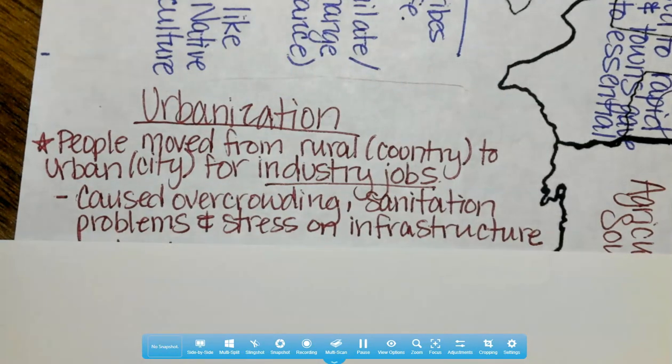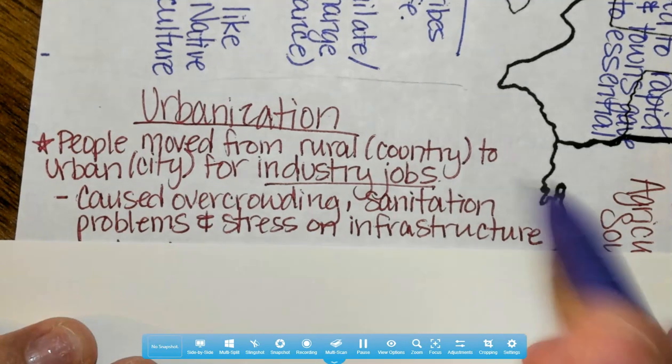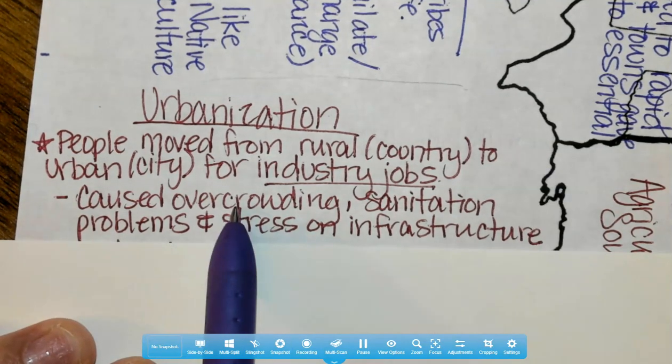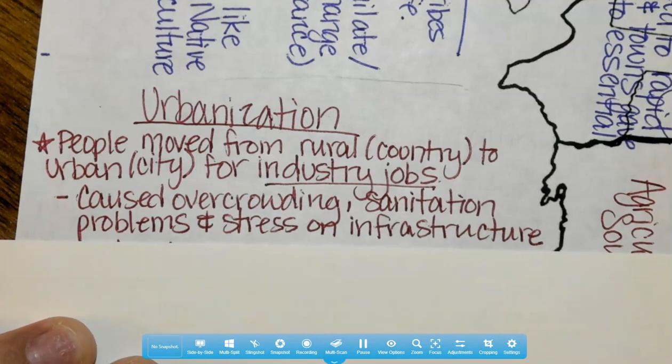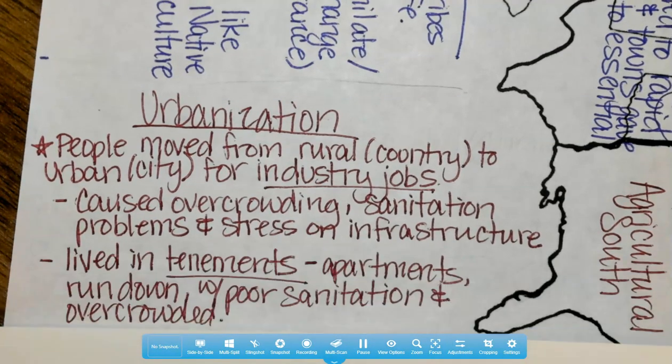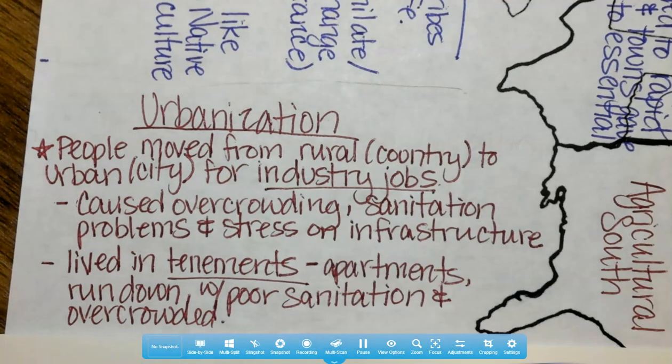So the cause, urbanization, is going to lead to overcrowding. People are living in tenements. It is not safe. It is not sanitary. Sanitation problems, and stress on infrastructure. So, where did people live? Just said it. They lived in tenements.